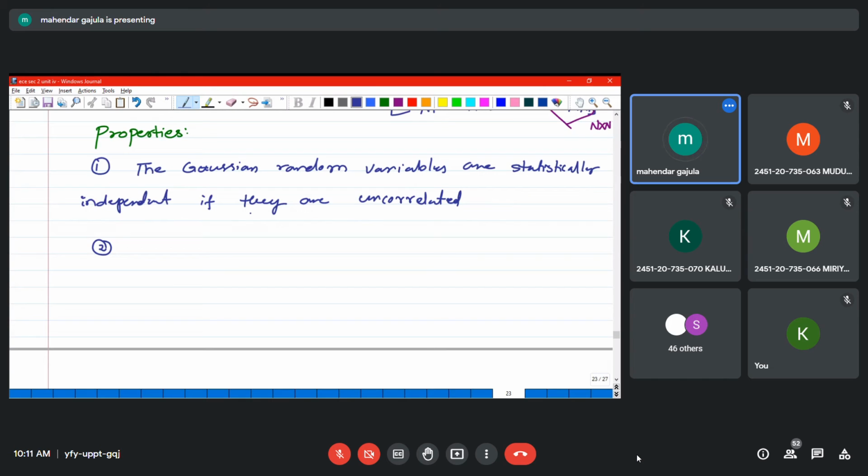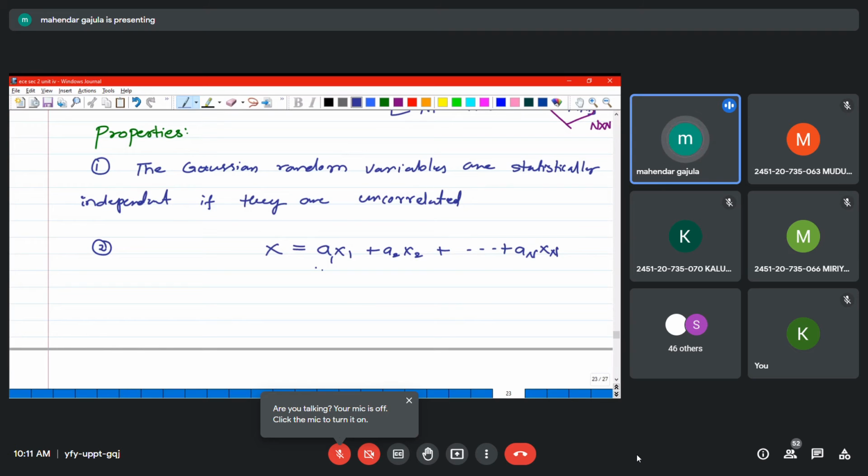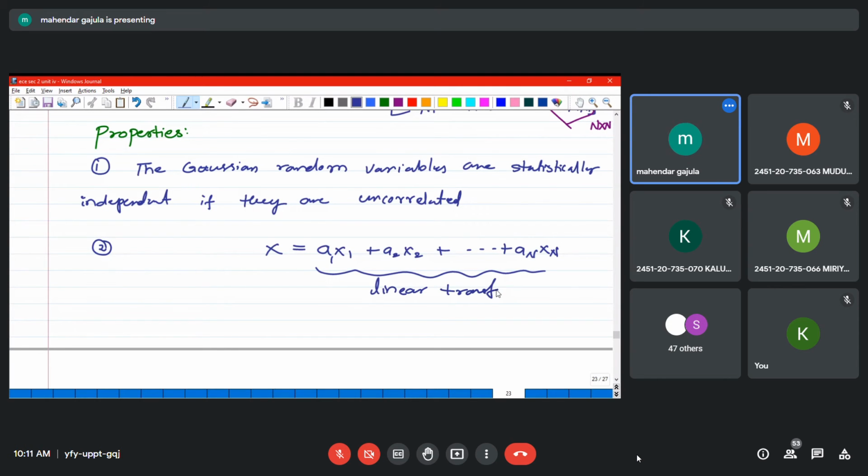Second one, I'm going to apply linear transformation on the random variables like a1 x1, a2 x2, up to so on, an xn. What we call this is linear transformation. x1 is a Gaussian random variable, x2 is a Gaussian random variable, xn is a Gaussian random variable. After applying linear transformation, we are going to get x.